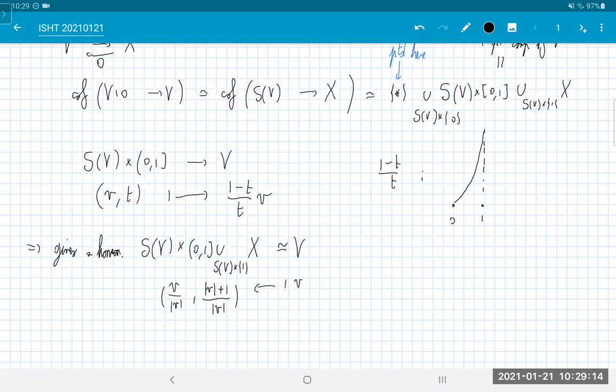I hope I'm not screwing this up, but for 0, it goes to 1, and as the norm tends to 0, these also, no. Oh, no, sorry. That's, okay, that's much better. And as the norm tends to 0, these tend to 0.